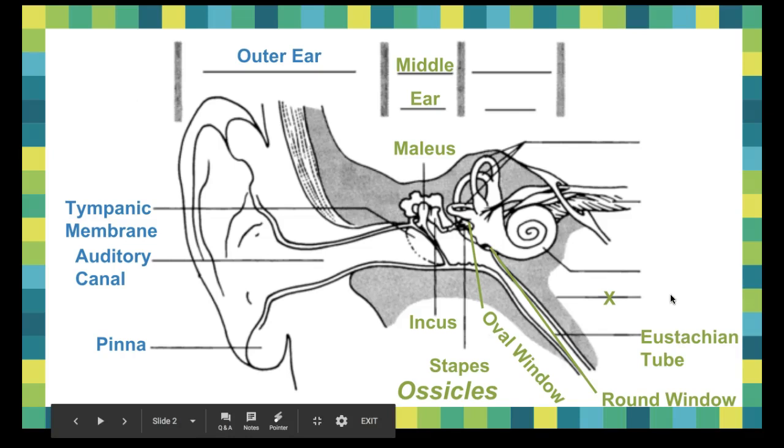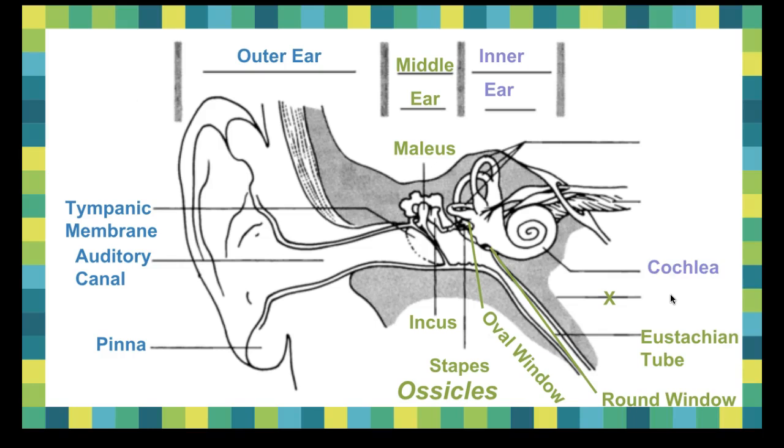So now we're going to be moving on to our inner ear, which includes our cochlea, which is this snail shell looking structure, which is involved in our hearing. Okay, there's little tiny hairs inside of here that take the vibrations from the oval window and they'll actually make them move, which will eventually send an impulse to the auditory nerve, which is connected to our temporal lobe of our brain.